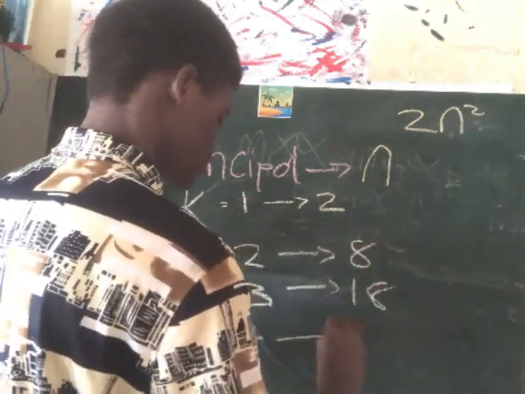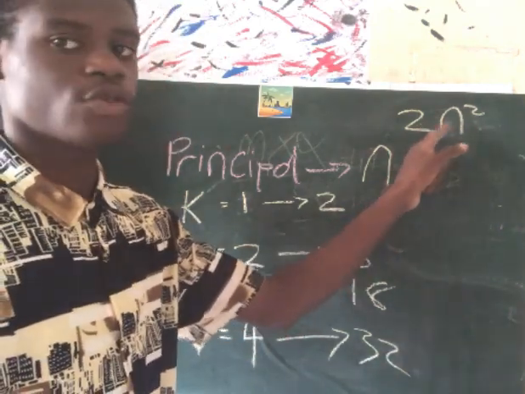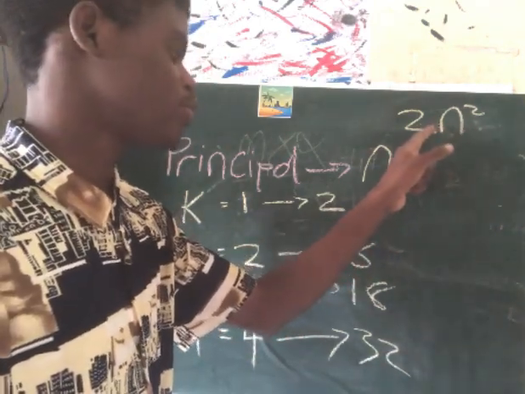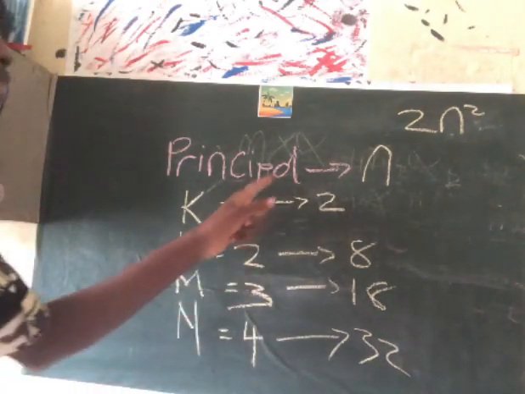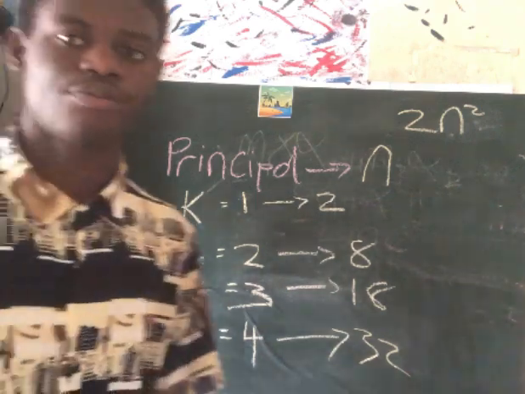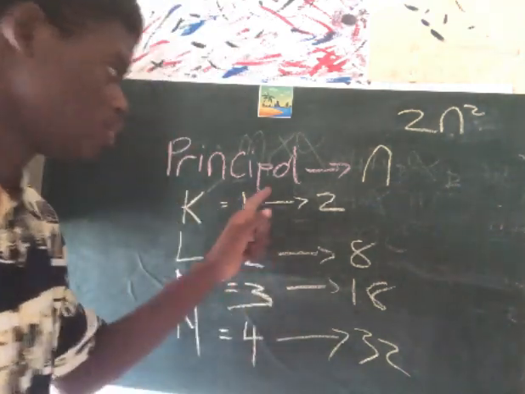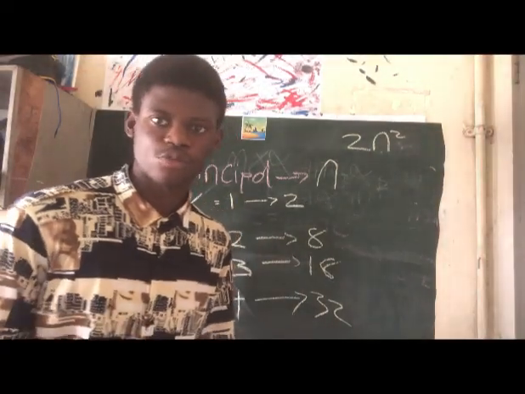And this is 32, because when we substitute 4, 4 squared is 16, and 16 times 2 is 32. So these are the maximum numbers of electrons that can occupy the shells of the principal quantum number.